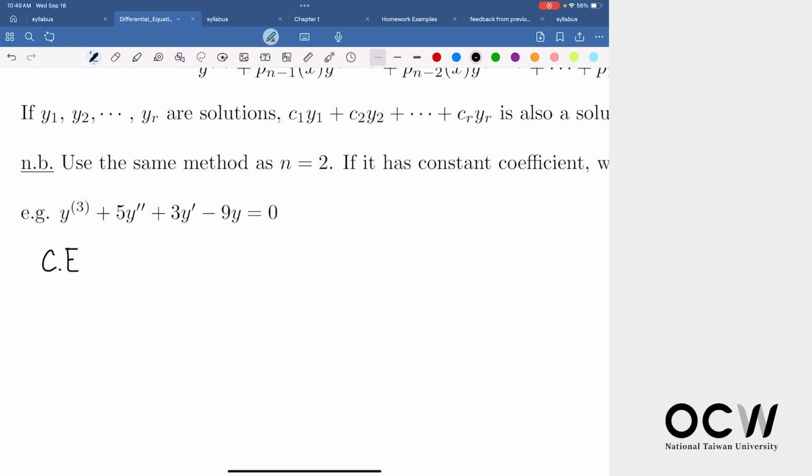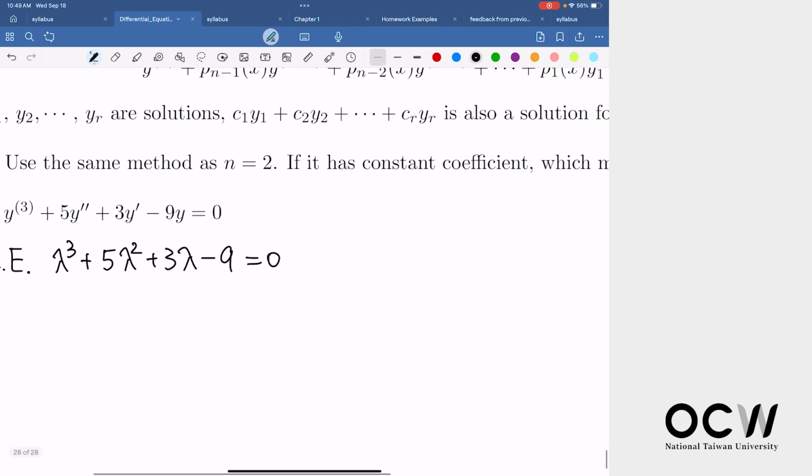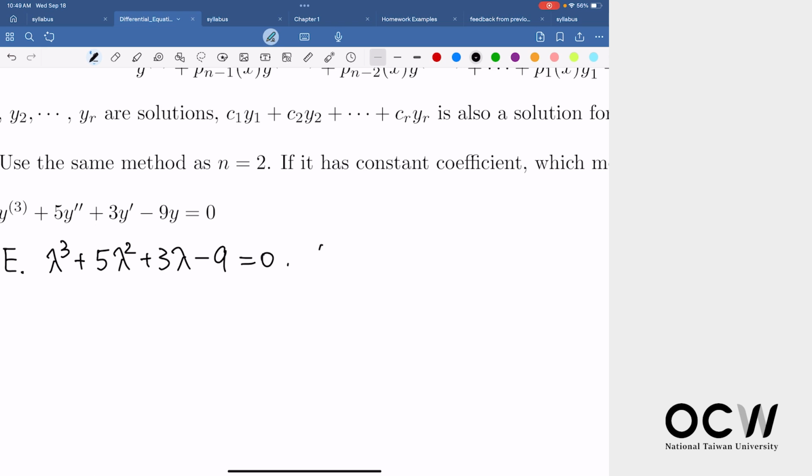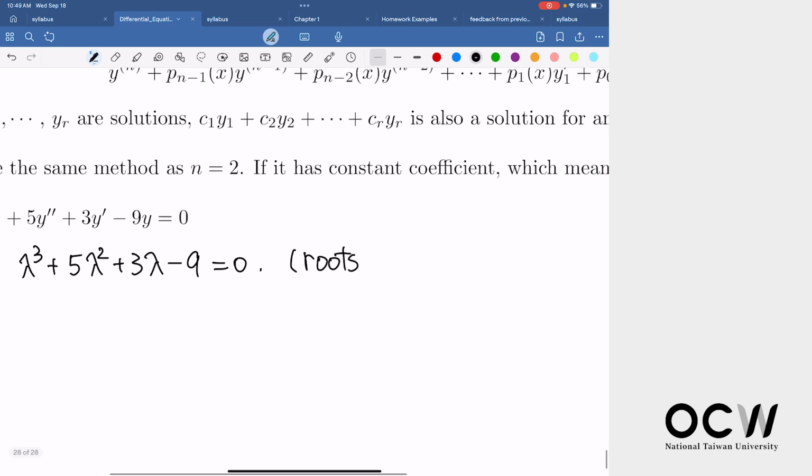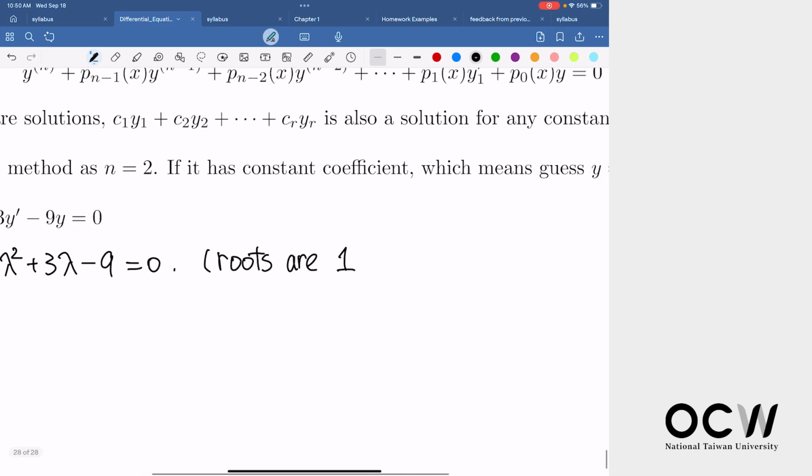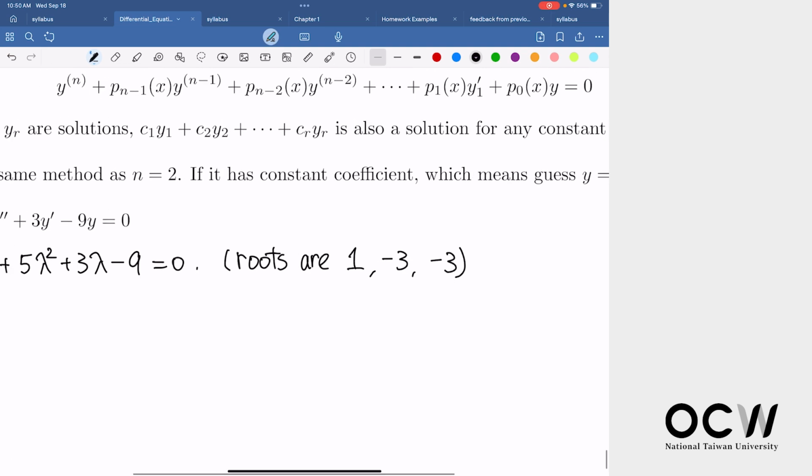Then the characteristic equation is lambda cubed plus 5 lambda squared plus 3 lambda minus 9 equals 0. You can find the roots. The roots are 1, minus 3, minus 3. Two repeated roots.